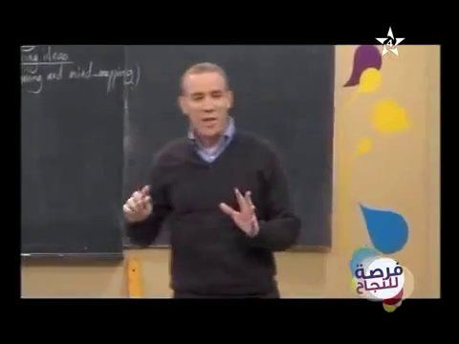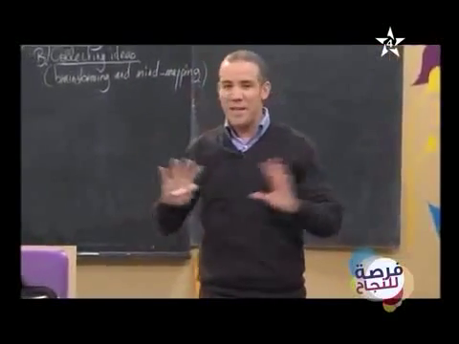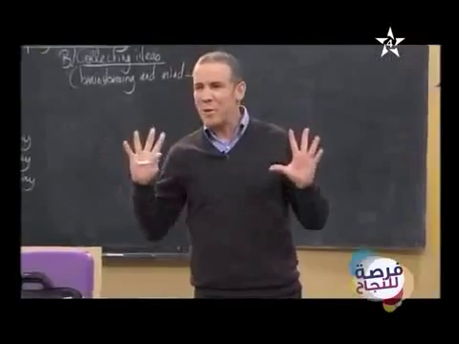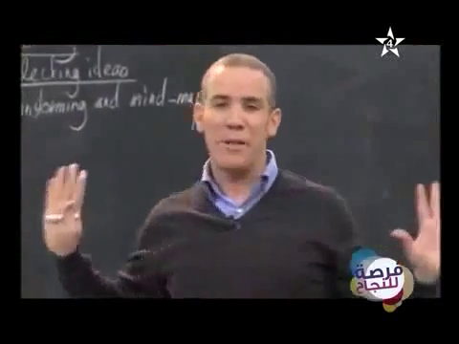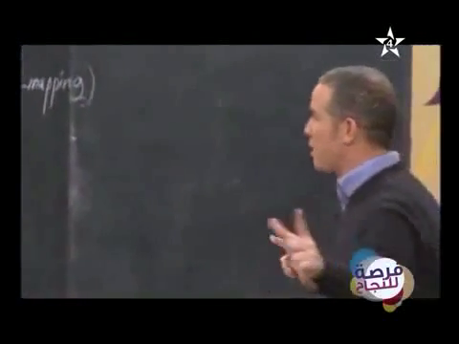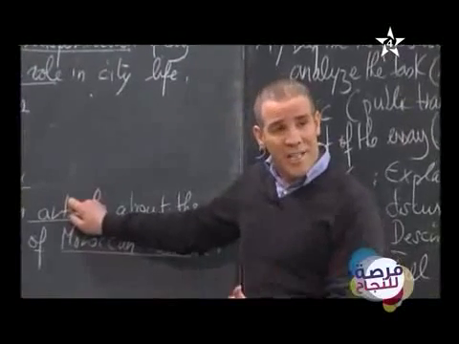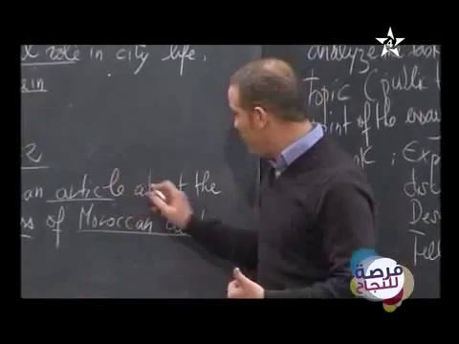I know that these words are a little bit difficult, but let me explain them very simply. Brainstorming means that you think about any ideas which have a relationship with the topic. That's all. Any ideas which have a relationship with the richness of Moroccan culture, you just think about them and write them. This is what we call brainstorming.